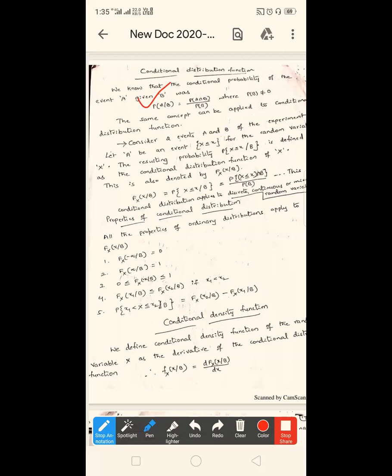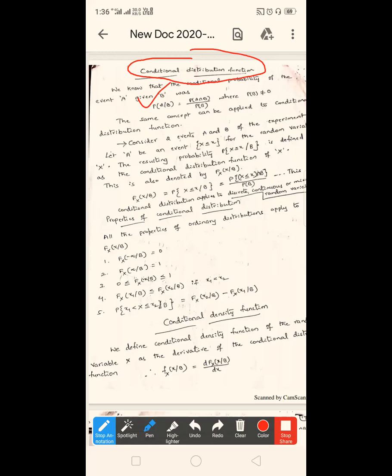Okay, now we can apply the same concept to the distribution functions and density functions also. That's why the name is indicated as conditional distribution function. Okay, so conditional distribution function means you have to apply the conditional probability concept to the distribution function.